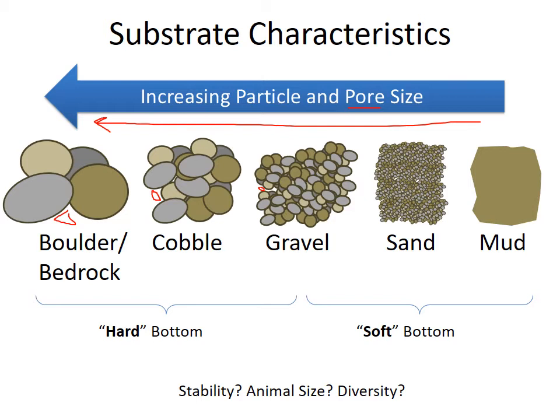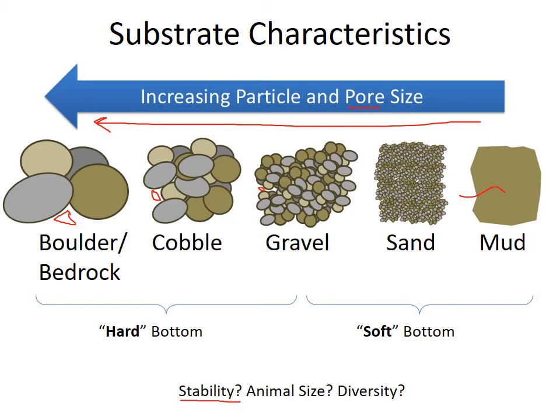Then again, there's some good things about the fine grains, like for an organism that's trying to burrow in, it's easier to push aside the small grains and burrow through sand or mud than it is one of these other kinds of materials. Also, large chunks are more likely to stay in place as waves and currents pass by, so those boulder bedrock habitats might be more stable.